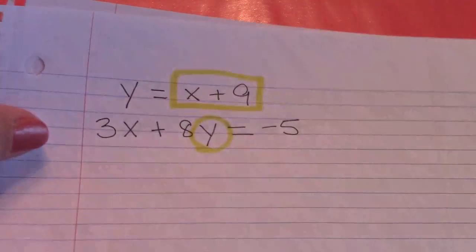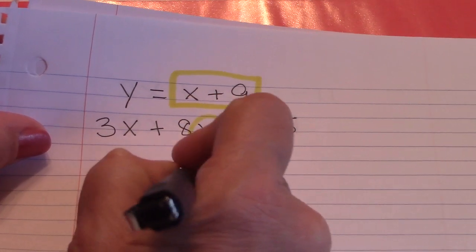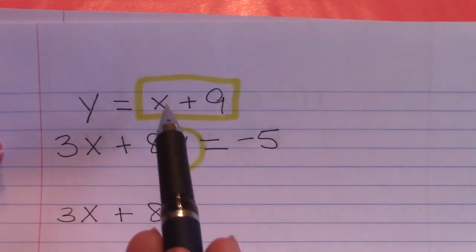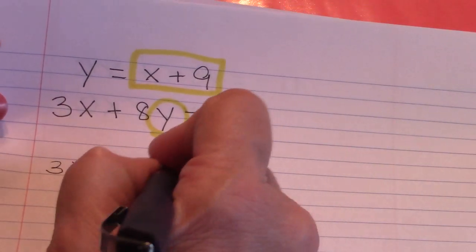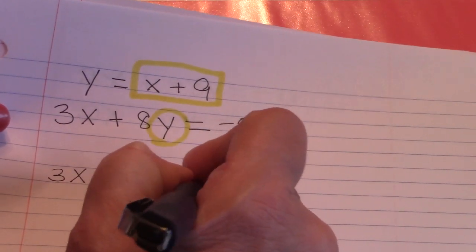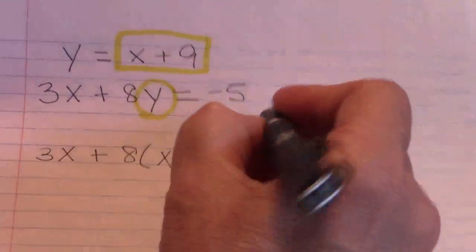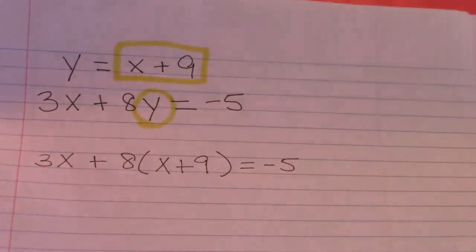So I'm going to take all of this and substitute it in for y. Let's try it. I get 3x plus 8 times, now I'm going to take all of this and substitute it in for y. X plus 9, then I will go back and finish the equation, equals a negative 5.